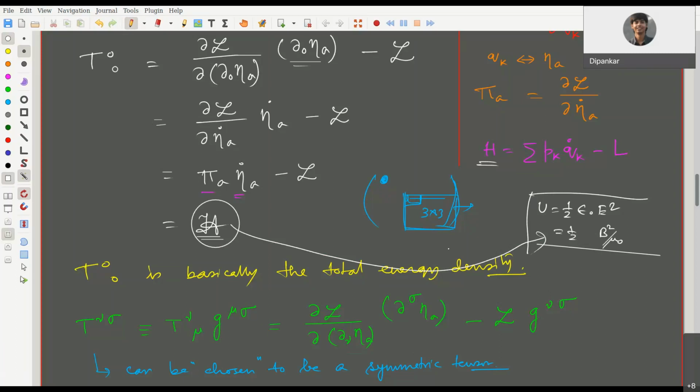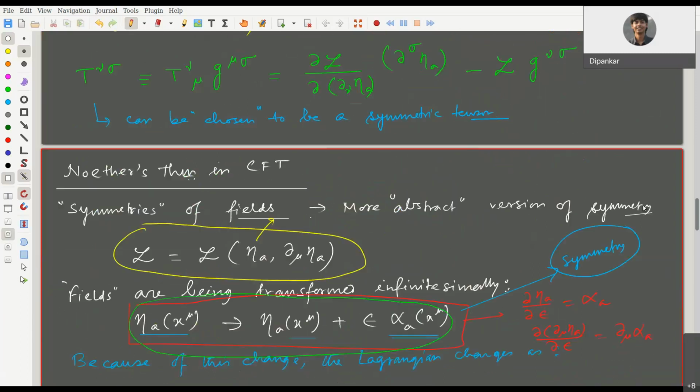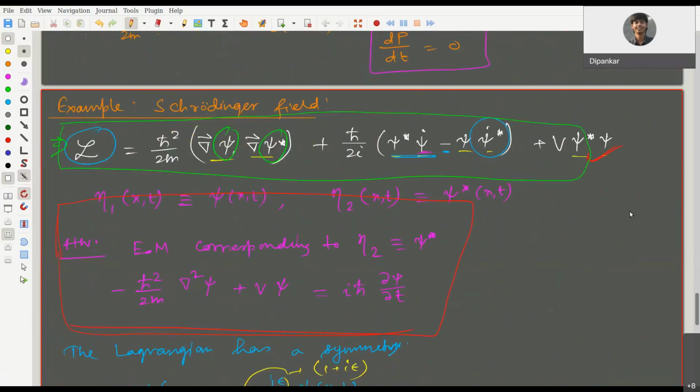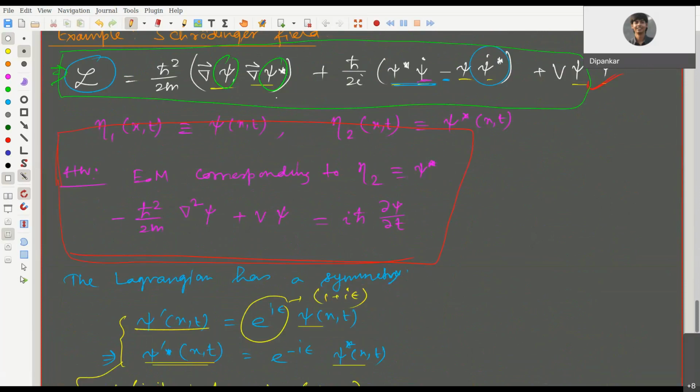For electrodynamics, I can give you this example, but for other fields it has a more abstract meaning. In the same way that these fields carry certain energy, if you calculate T00 for the Schrodinger field, it also carries some energy. So in that sense, this is my field energy.